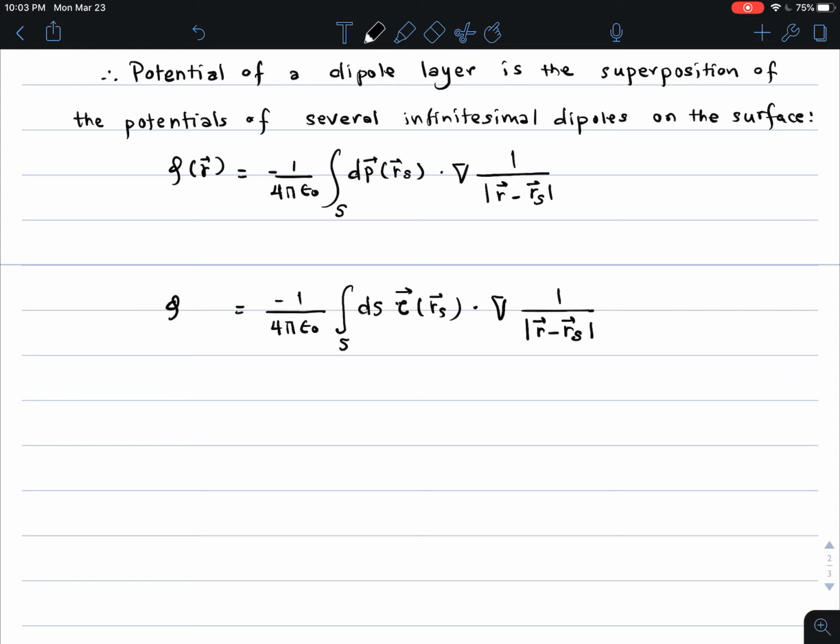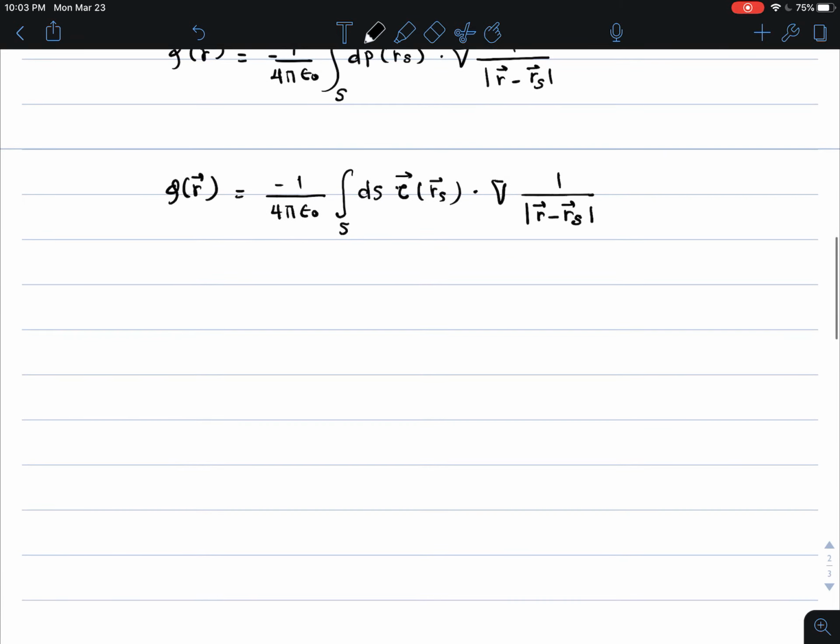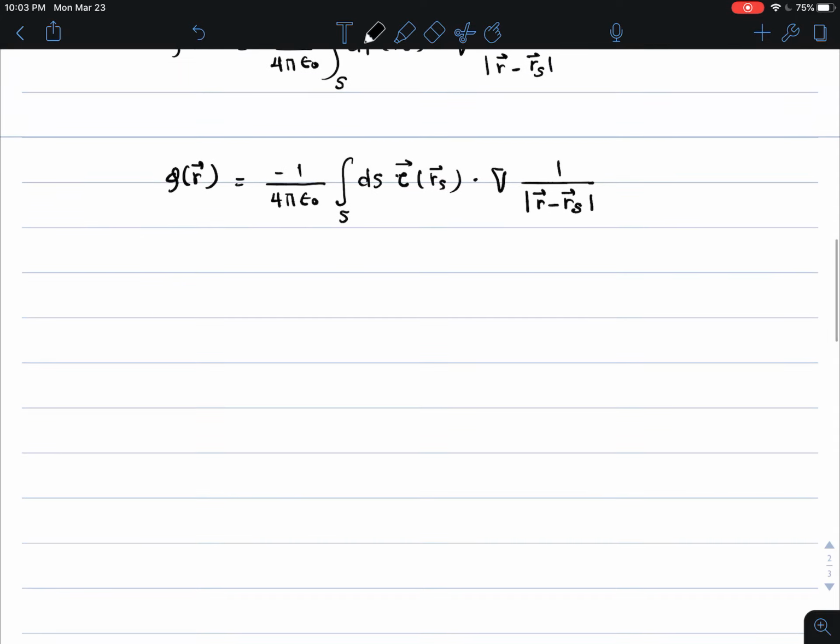And so it is useful to interpret this result in terms of the charge density, and that gives us a physical picture of what is going on.